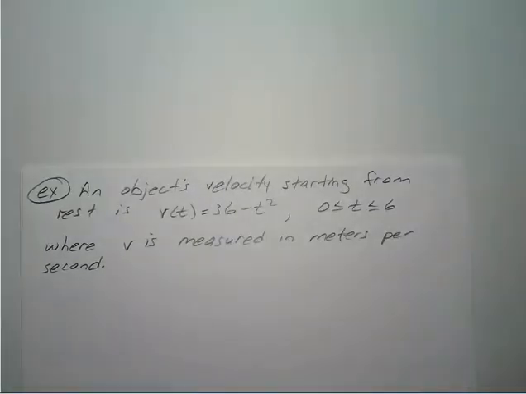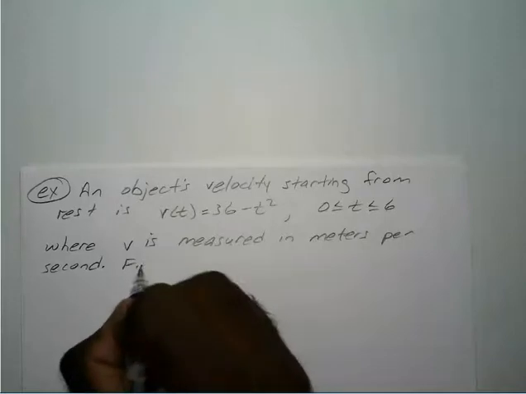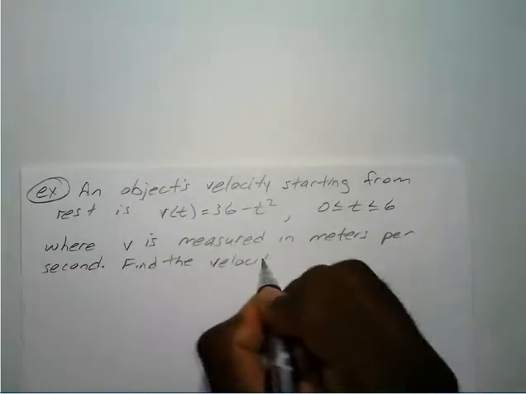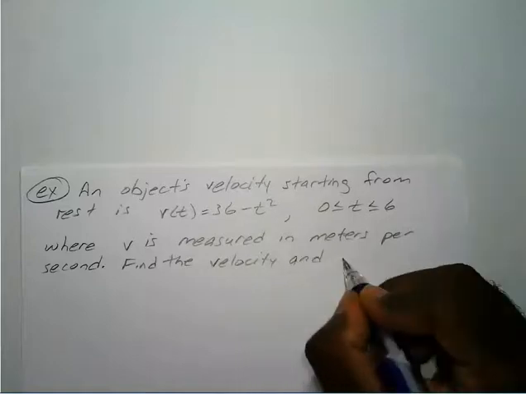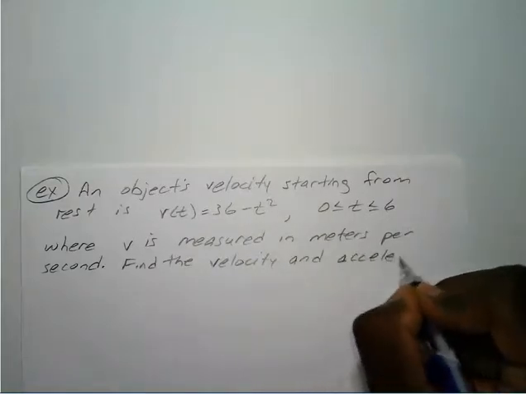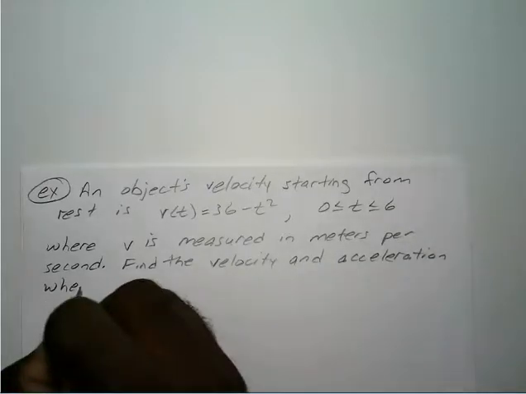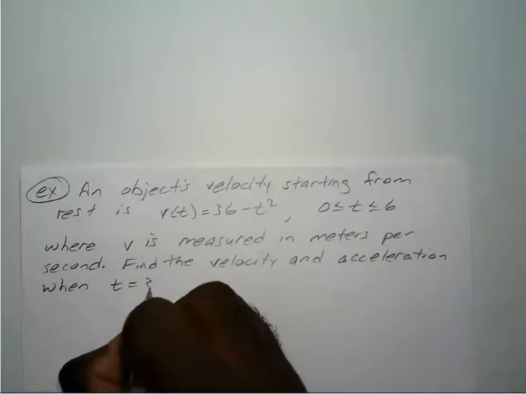Okay, so we want to use this information to find the velocity and acceleration when t is equal to 3.